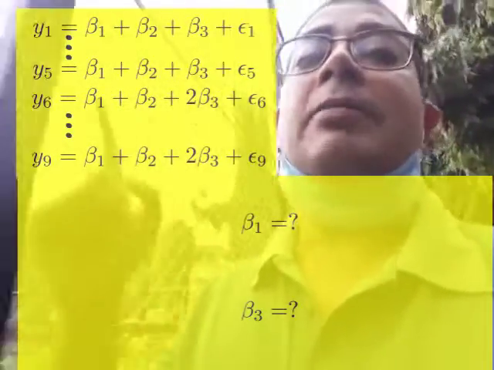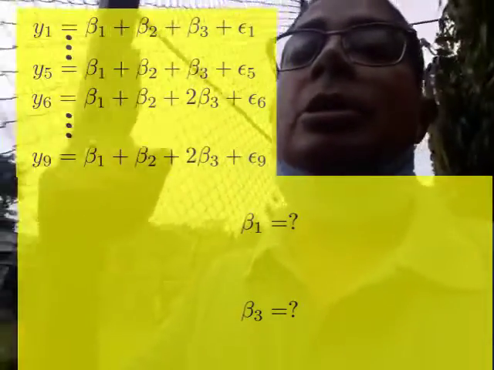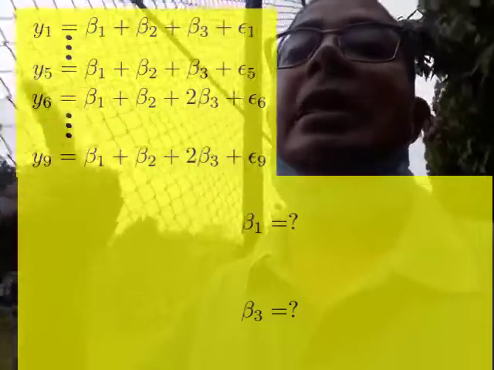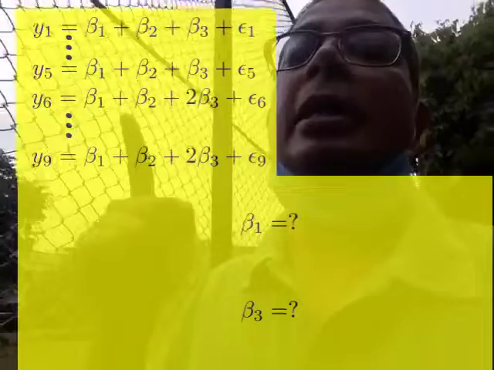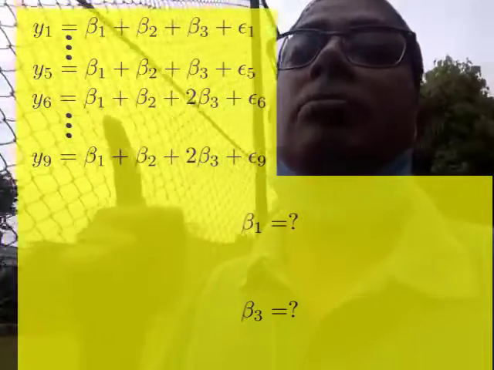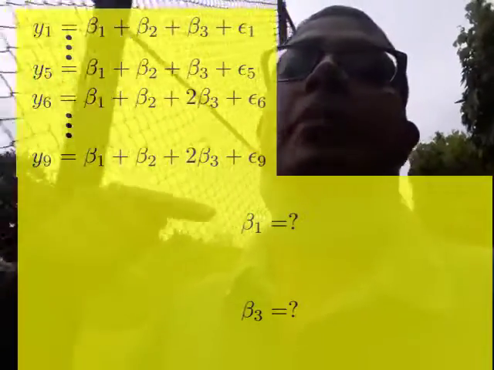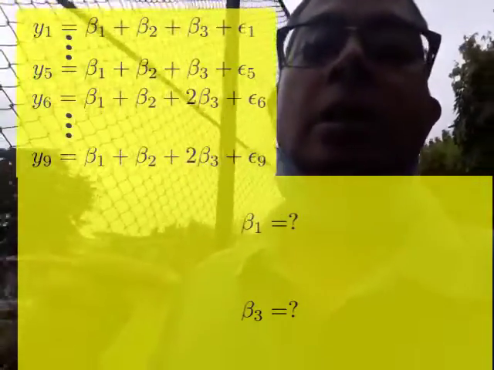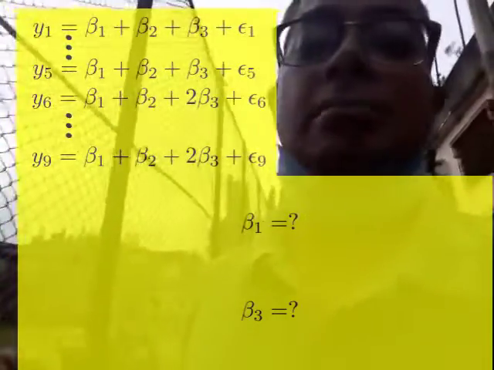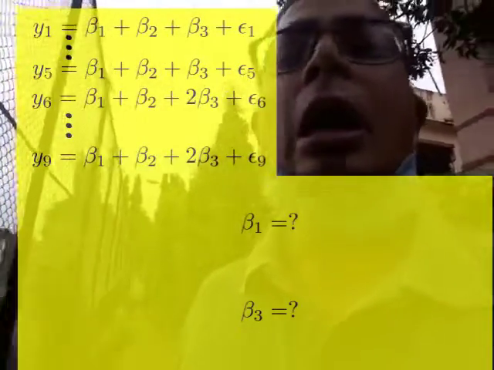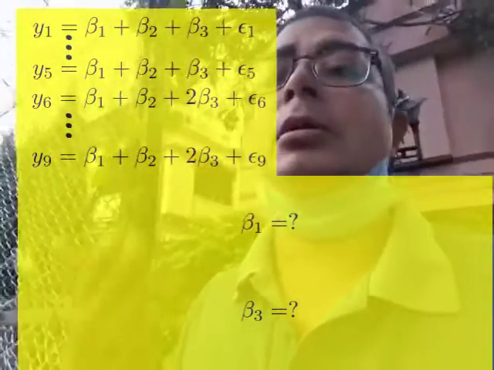So that is the idea. In this case, if I give you beta 1 plus beta 2 plus beta 3 exactly, with no epsilon, so all these y1 to y5 are the same and exactly beta 1 plus beta 2 plus beta 3, and similarly I give you exactly beta 1 plus beta 2 plus twice beta 3, even then you have no hope of obtaining beta 1. So if you cannot obtain beta 1 even from precise information, how on earth can you hope to get it when you have errors epsilon 1 to epsilon 9?